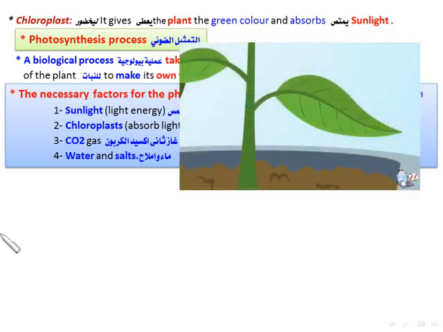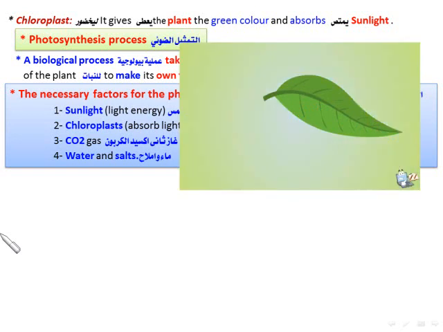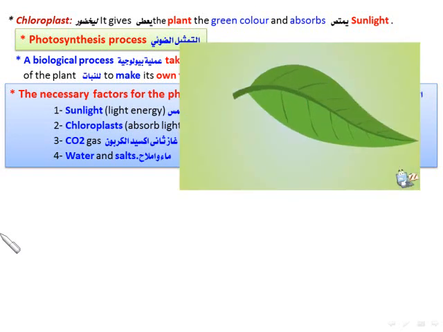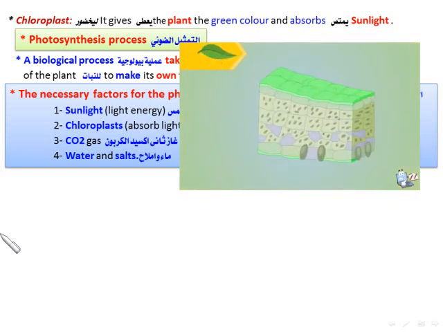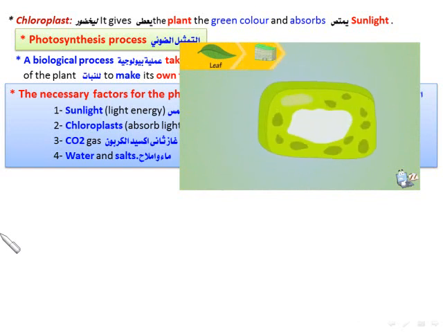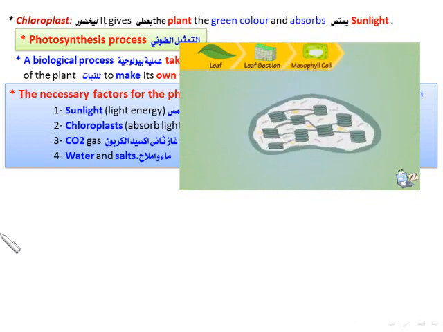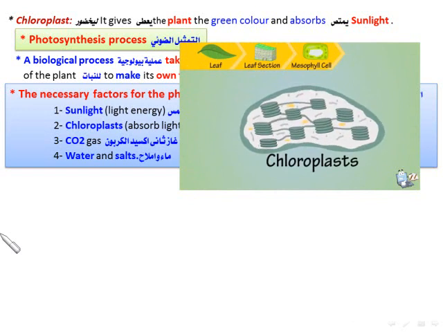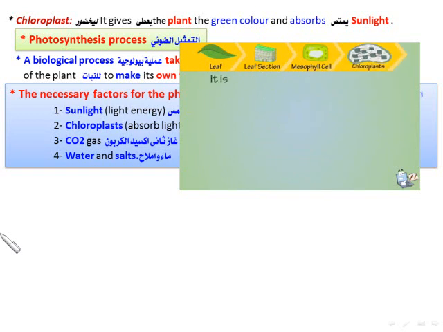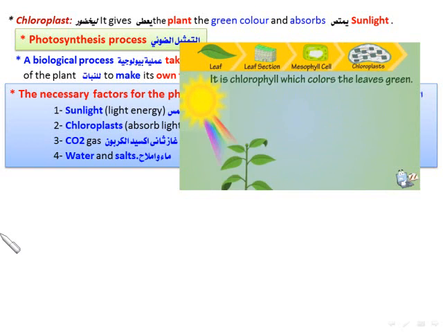Most of the action takes place in the leaves of the plant. If we cut a leaf and observe it under a microscope, we see that right below the outer layer of cells, there is a layer of soft, elongated cells called mesophyll cells. Inside the mesophyll cells, we see tiny nodes, which are called chloroplast. Chloroplast contains a special chemical called chlorophyll. It is chlorophyll which colors the leaves green. Chlorophyll absorbs red and blue light from the sunlight that falls on leaves.